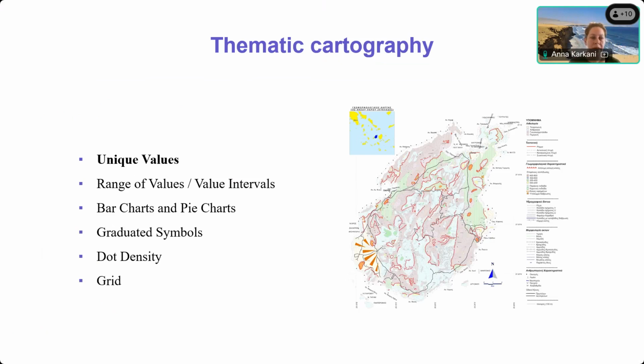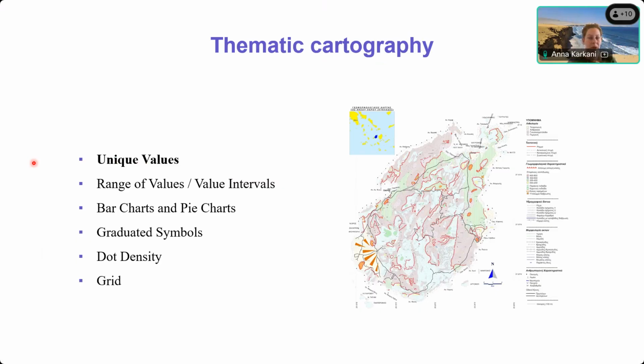So if we look, the first category is what we call unique values. Basically, in thematic maps that we create in this way, the information depicts every different value in the database in a different way.